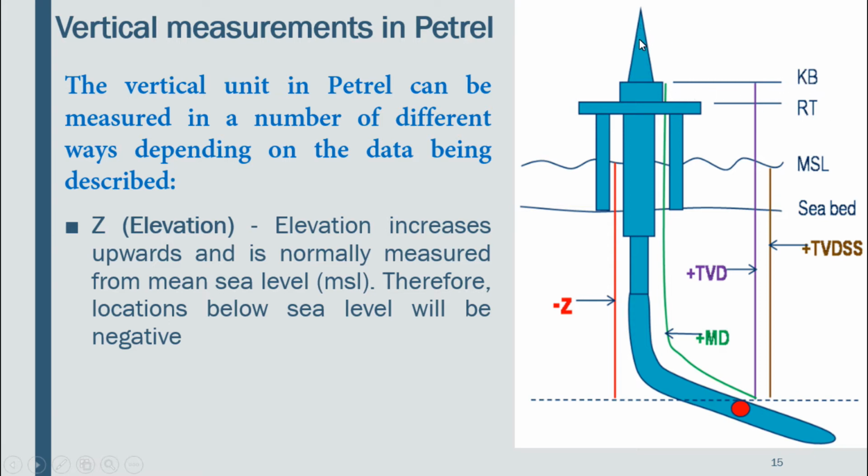This is our well, onshore or offshore, and the depth from the top here to the end point of our well is what we call KB. Measured depth is from this red point up to here.